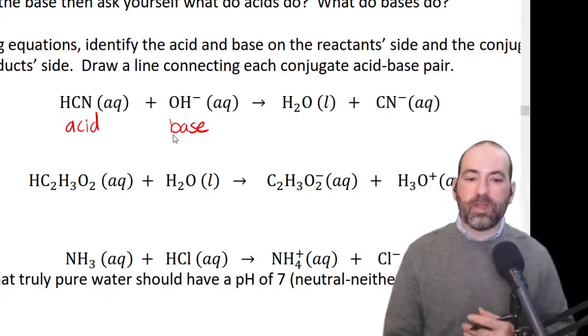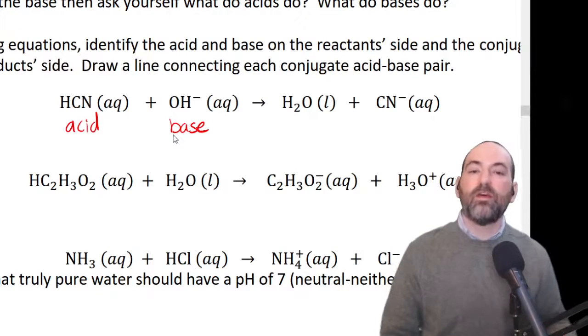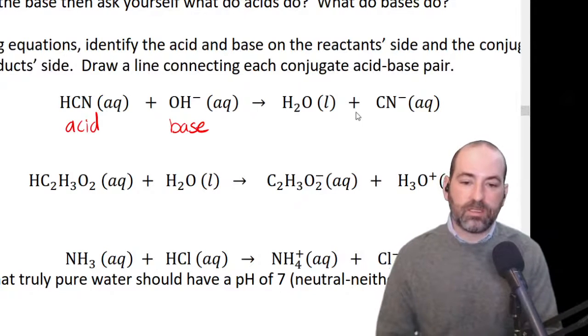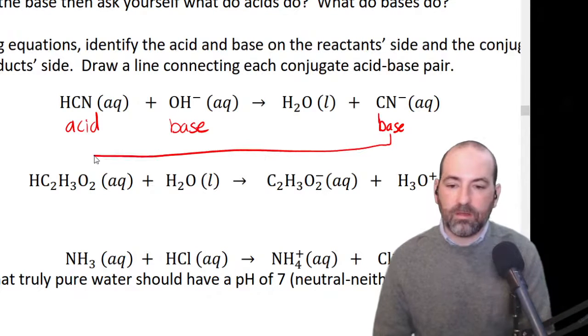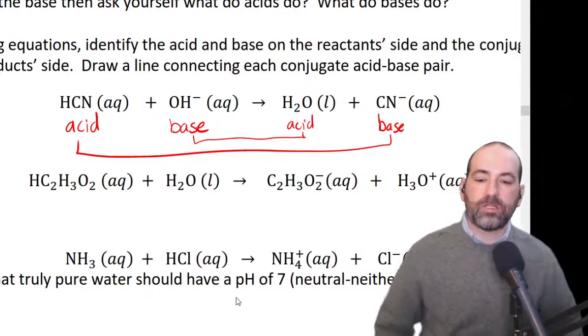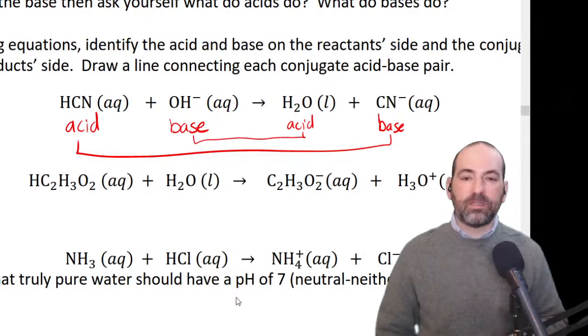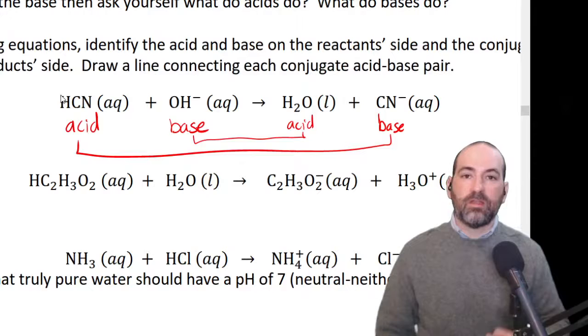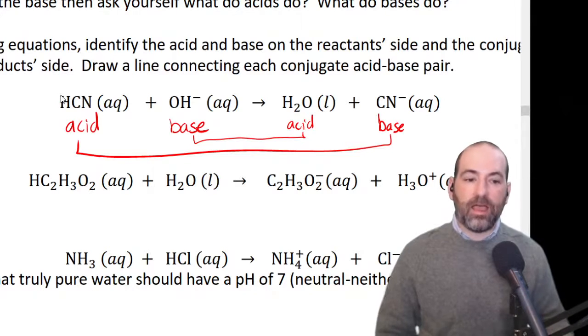And then each of those is going to have a conjugate pair on the other side that represents the result of either gaining or losing a hydrogen. So the HCN is going to get paired up with the CN minus, and the OH gets paired up with the water. And those are the conjugate pairs in this reaction. Notice that not only does one of them lose the atom of H, like HCN becomes CN, but also the charge changes because it's not losing neutral hydrogen, it's losing hydrogen ion, +1.